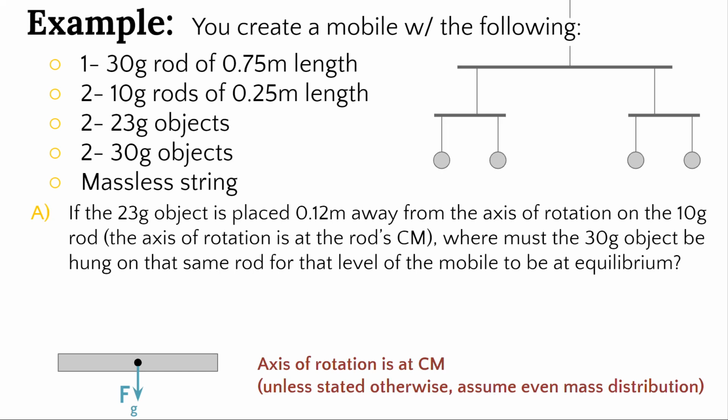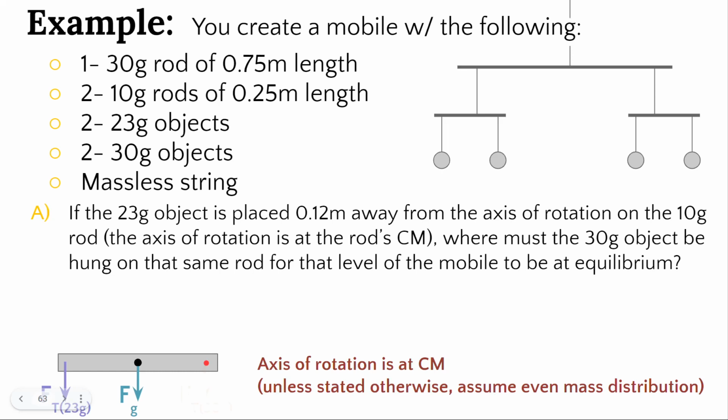Okay, I know that I have 2 objects hanging from this rod. One of them is my 23-gram object. Okay, and so I've added, and it doesn't really matter which side you put it on, I drew mine on the left. We're basically looking at one of these sub-levels of this thing, is what we're drawing down here. But I have my force of tension, 23 grams right here.